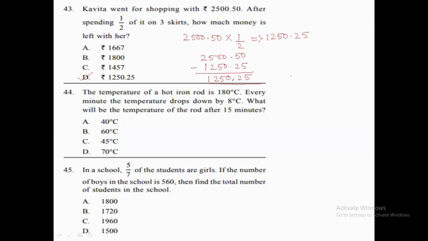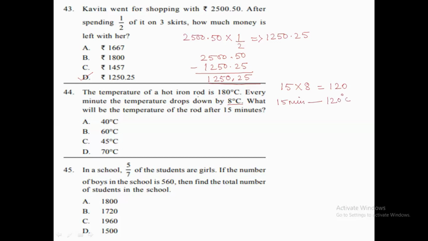If in every single minute it is dropping by 8 degrees Celsius, so in 15 minutes how much will it drop? For this we need to multiply 15 by 8. When we multiply it by 8, we get 120. So in 15 minutes, it will drop by 120 degrees Celsius.